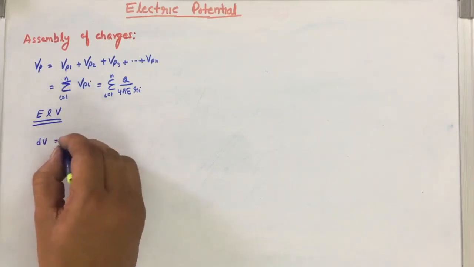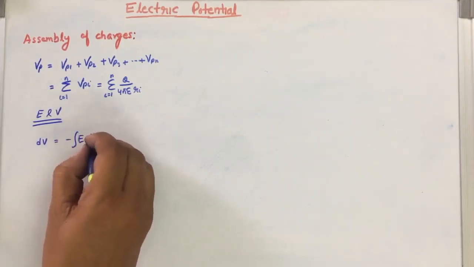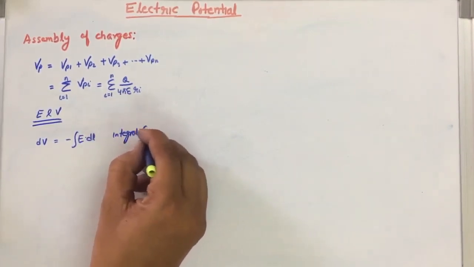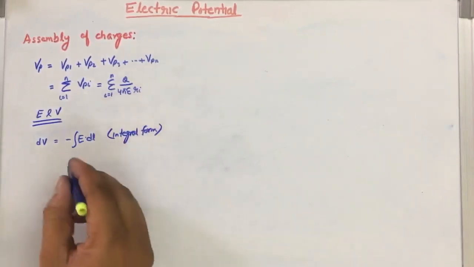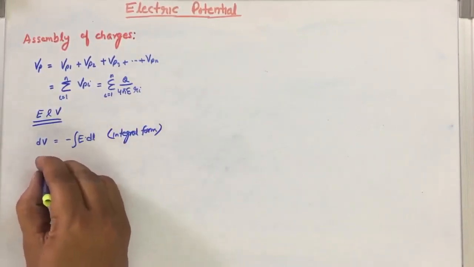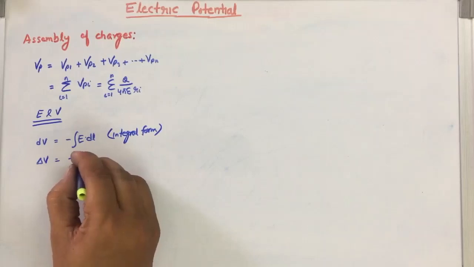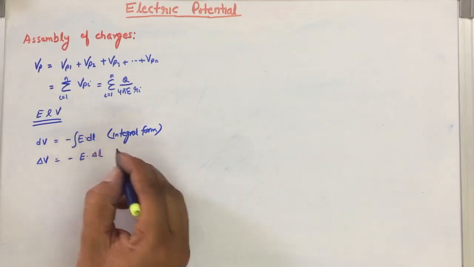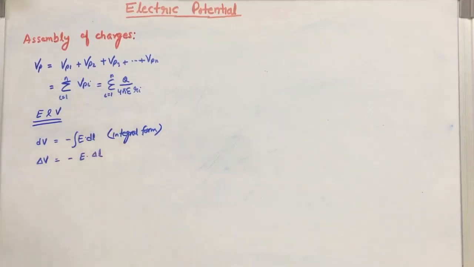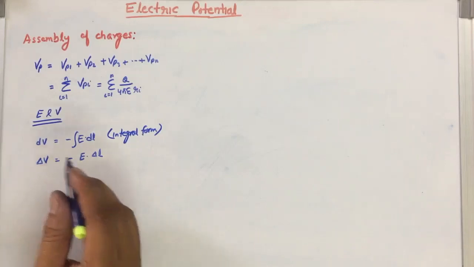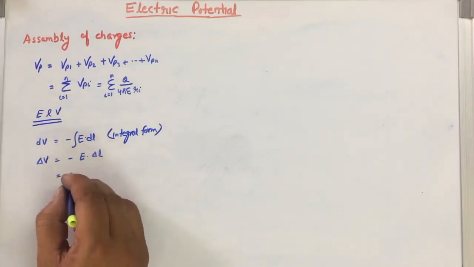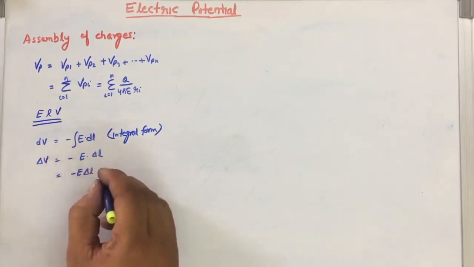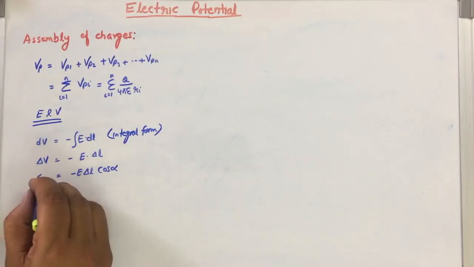Now let us try to find the relationship between E and V. We know potential difference is E dot dl in integral form. We can write change in potential will be E dot change in length, so it can be written as minus E change in length cos alpha.